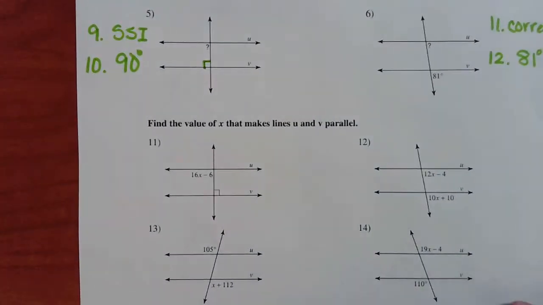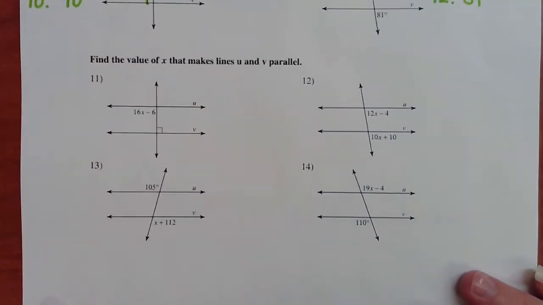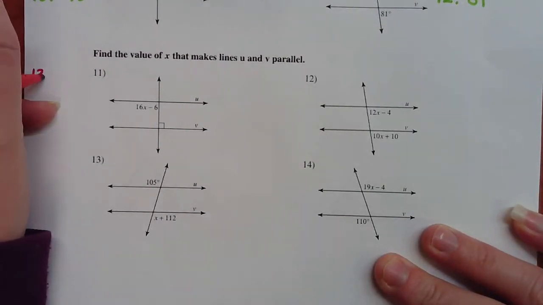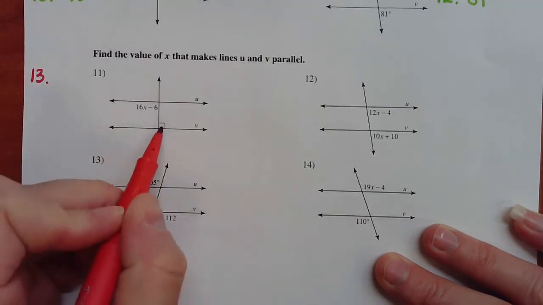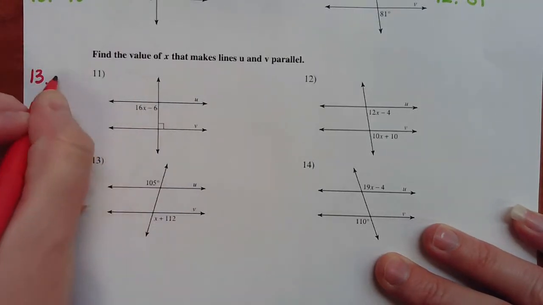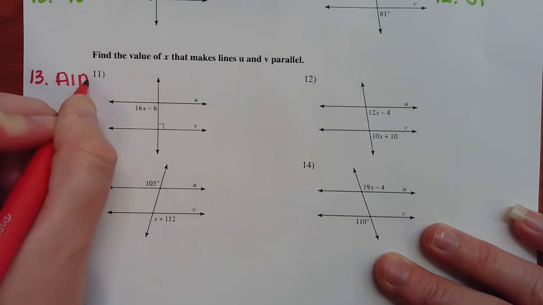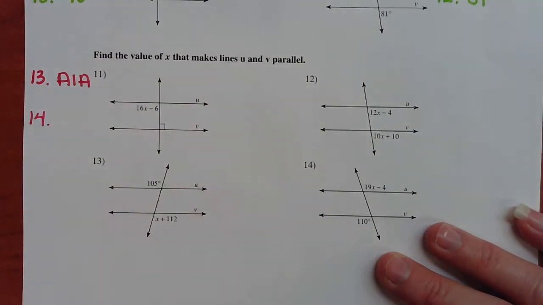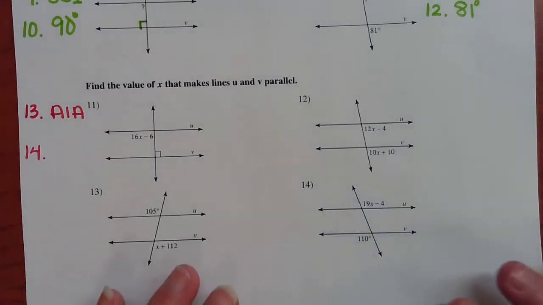The next set, again, you are going to identify the angle pair. So I'm going to switch colors to keep it interesting for you guys. So 13 would ask you to identify what type of angle pair are these. These are alternate interior angles. Now, you're not just solving for an angle measure this time. You actually have to solve for x.